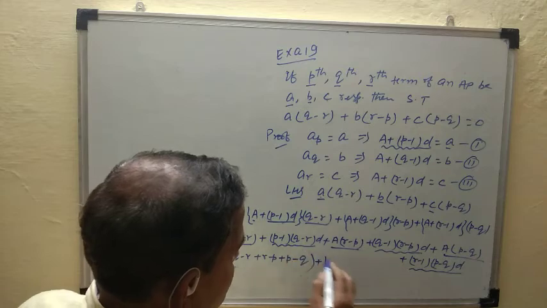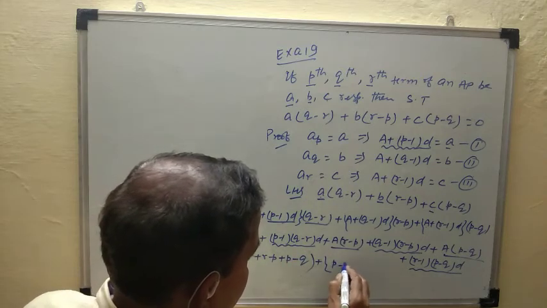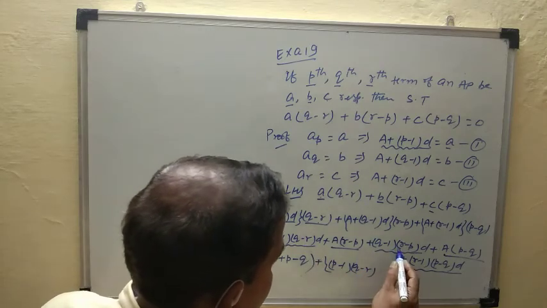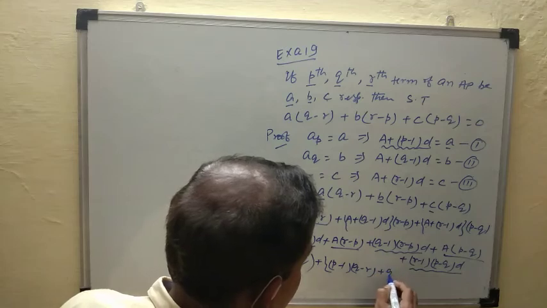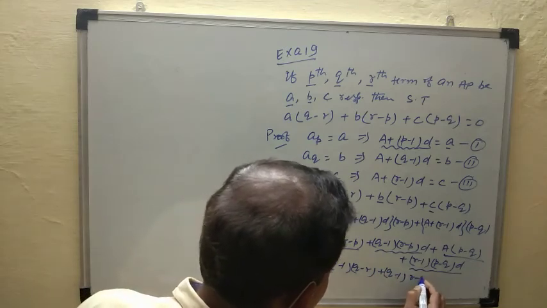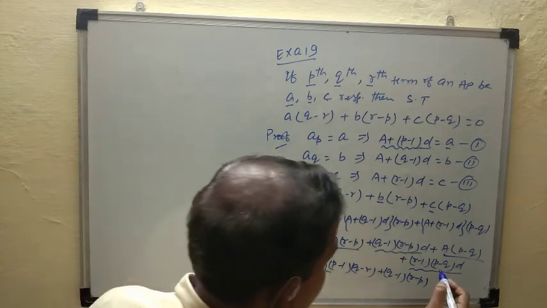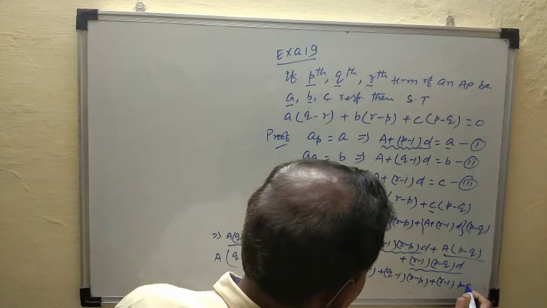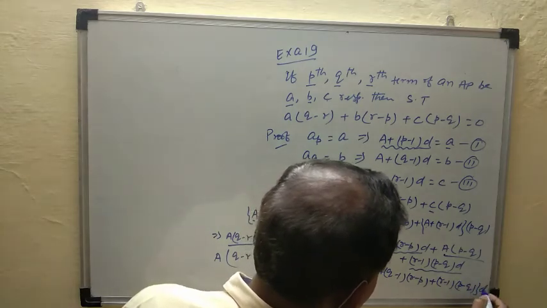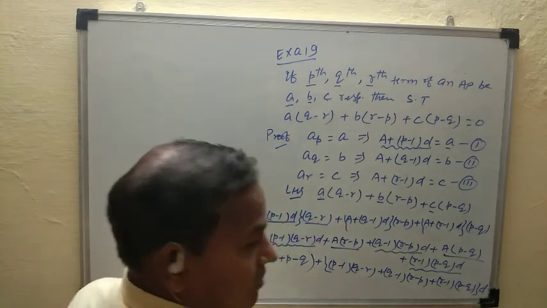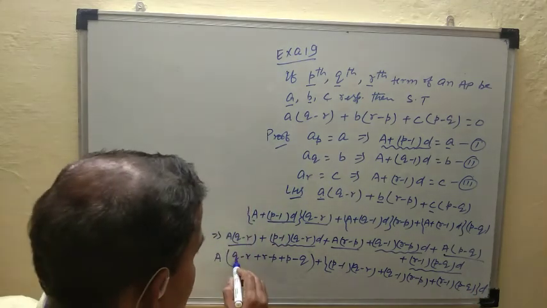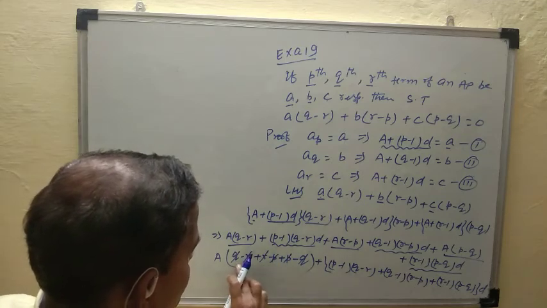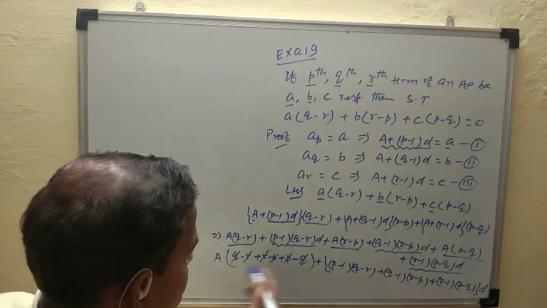If taking D common, then (P minus 1) into (Q minus R), second term is plus (Q minus 1) into (R minus P), and the third term is (R minus 1) into (P minus Q), and whole D is common. Now Q minus Q cancel, R minus R cancel, P minus P cancel. So all the terms cancel. So 0, A into 0 equal to 0.